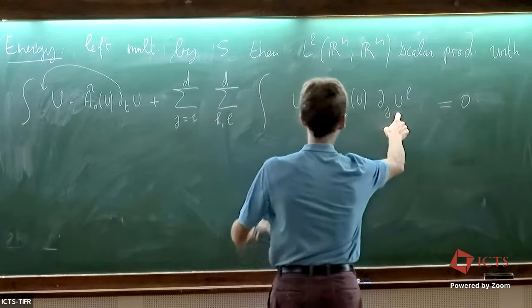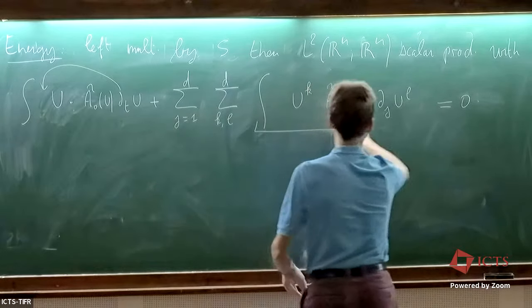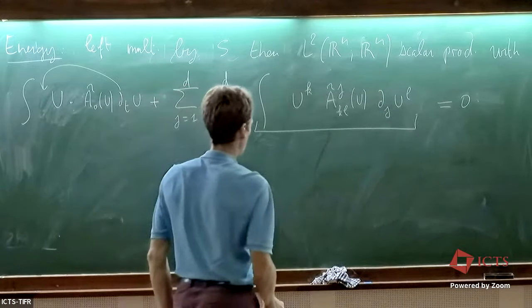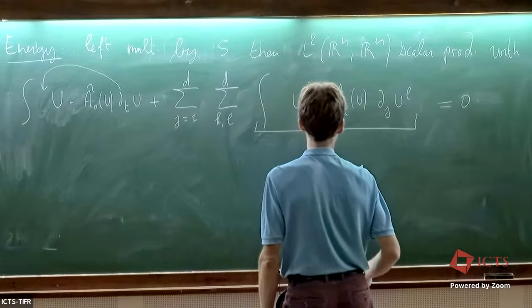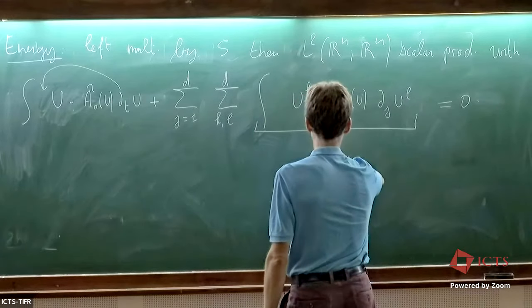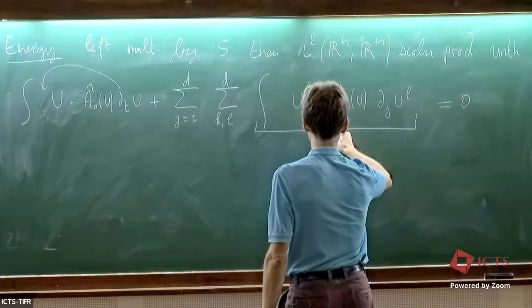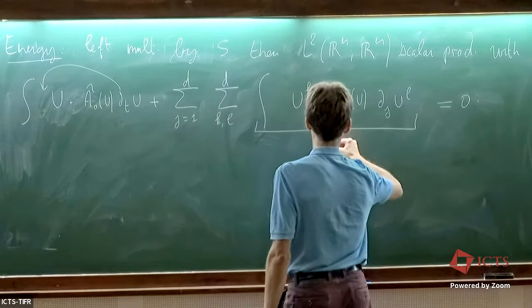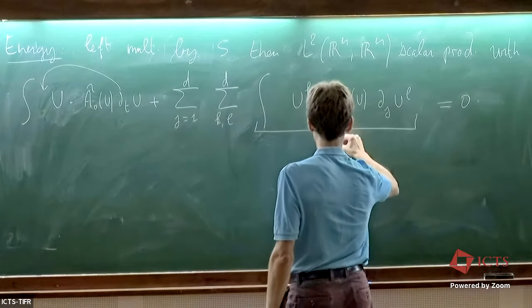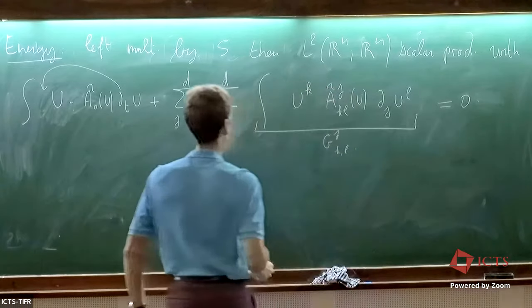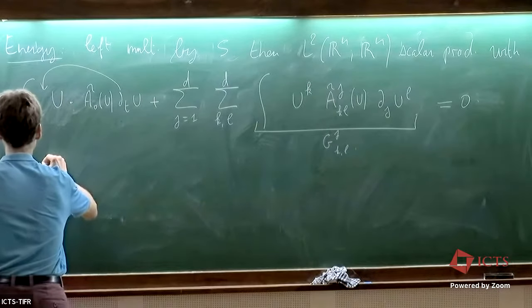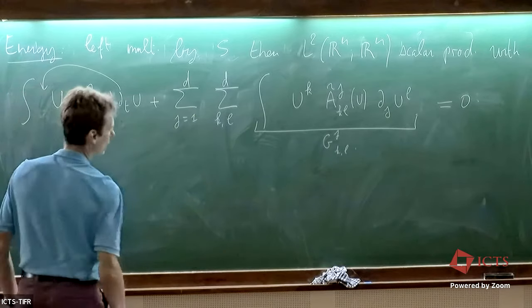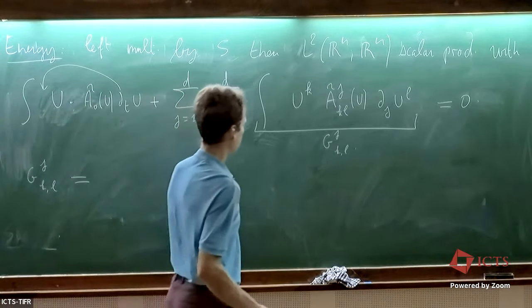But I want to compute this more precisely. I need a name, so let's call it I_jkl. So I do the integration by parts.